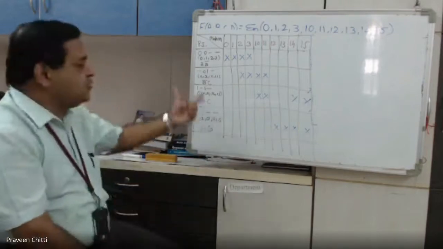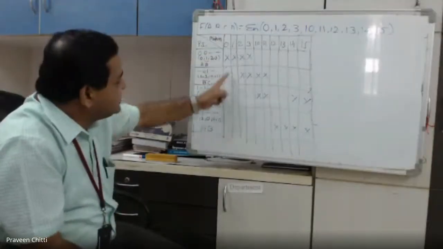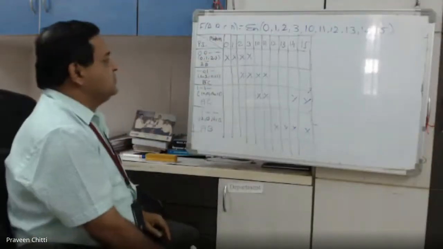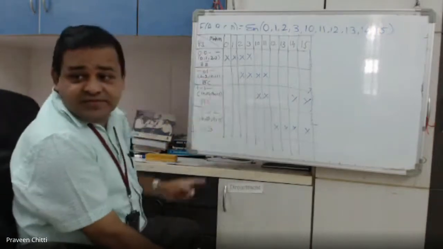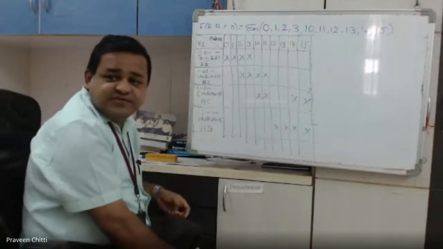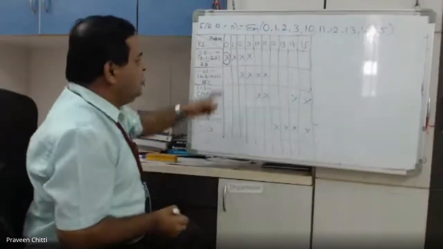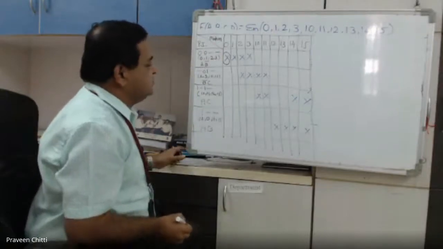What is the next step now? Circle the single X in a particular column. So how many X are there in the first column? 1. What I need to do? I should circle this. How many are there in the second column? 1.